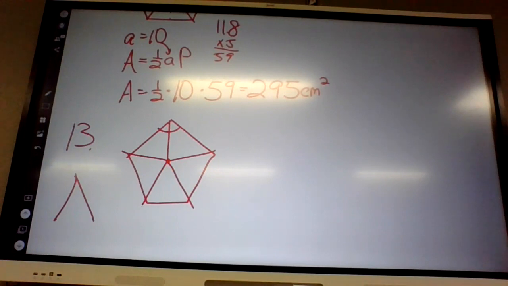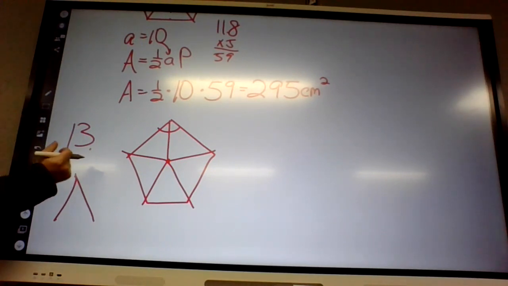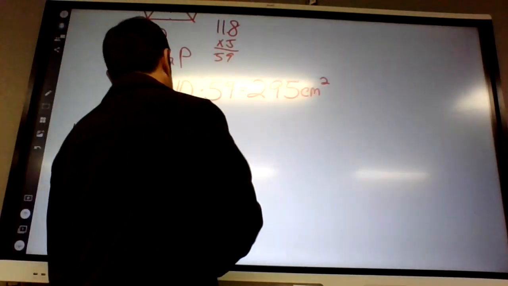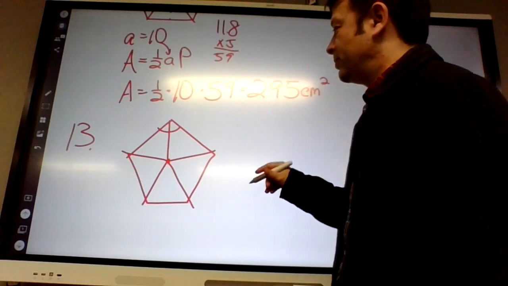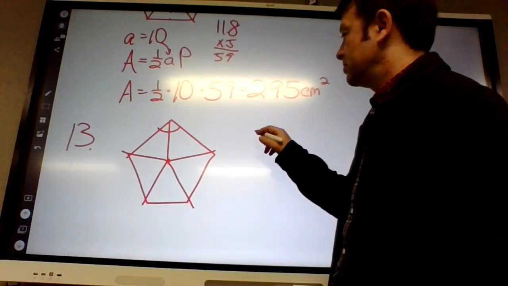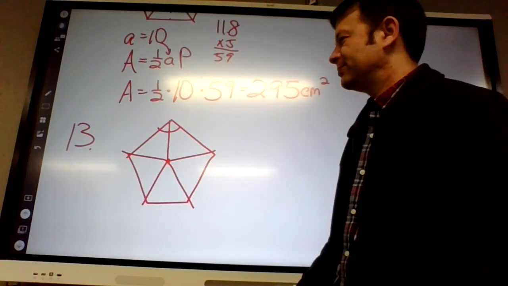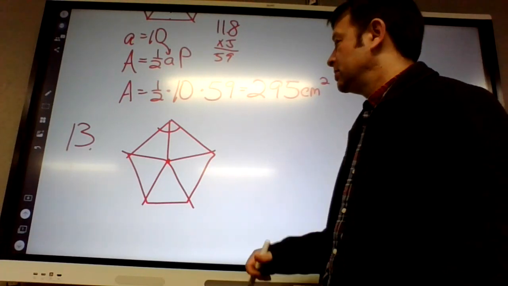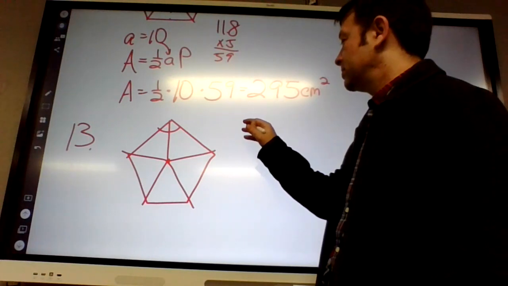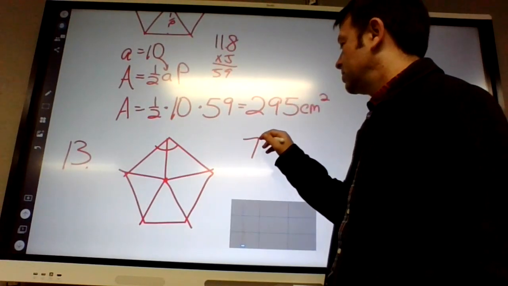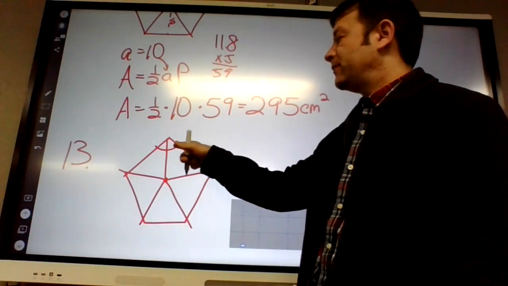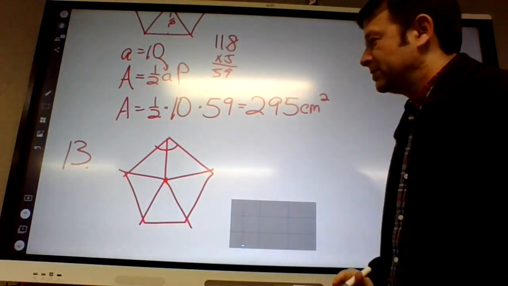So he got 72, why did he get it wrong? 72 is for one of the central angles. So how should he have found this angle?